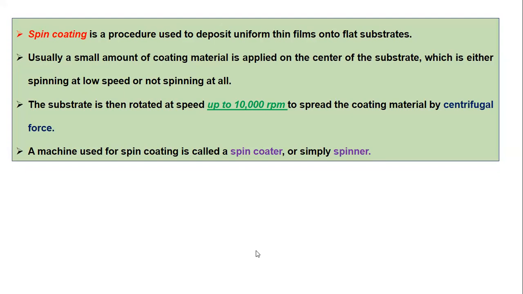But you have to remember the word spin. This word is very important, that is spin. Whenever we deposit a sample which is in the form of a liquid solution, we drop cast some part onto the substrate, and that substrate is attached to the coater machine, or we can say the spinner machine.